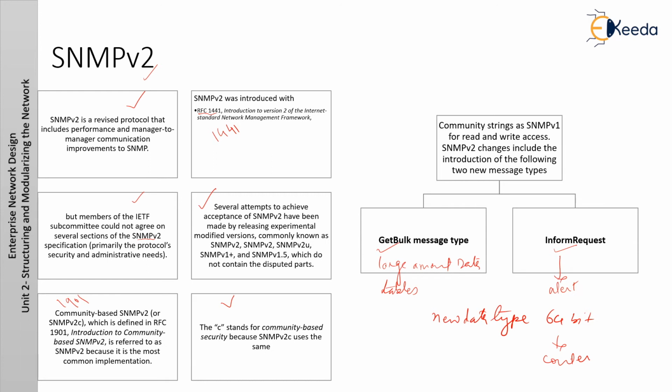Why is this 64-bit used? Because 32-bit counters quickly overflow on fast network interfaces. On Cisco routers, Cisco IOS software release 11.3 and later versions implement SNMP version 2.